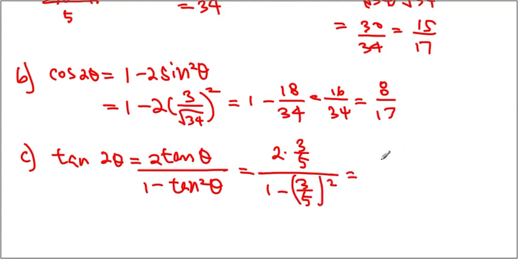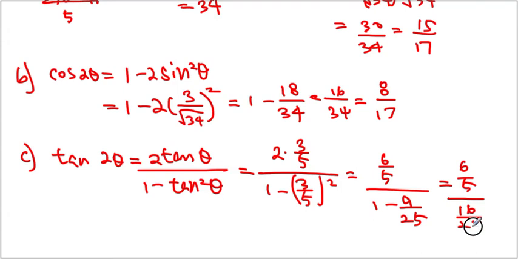Then here we end up having 6 over 5 all over 1 minus 9 over 25, which will be equal to 6 over 5 over 16 over 25. If you simplify this one further, we'll end up getting 6 over 5 times 25 over 16.